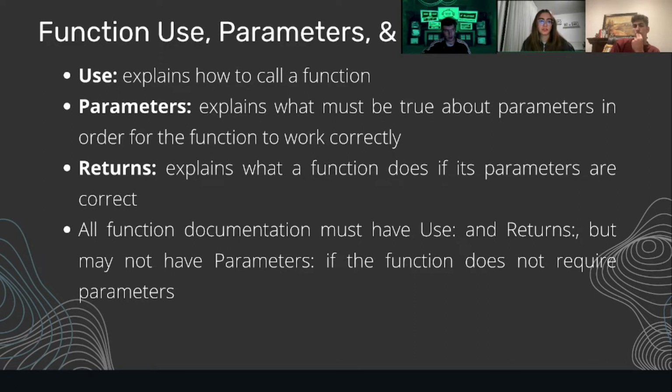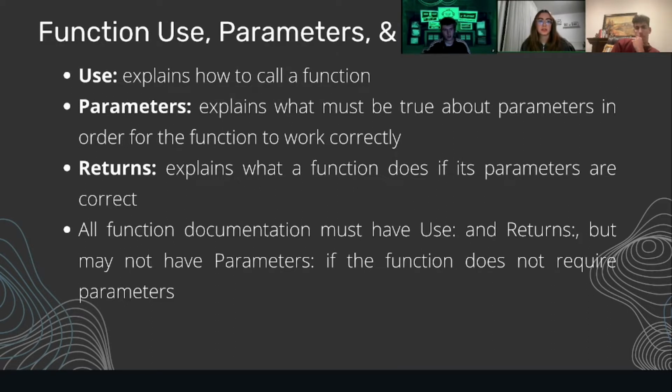Okay, so to start, we're going to talk a little bit about doc strings. A doc string, simply put, is just a block of comment that you put right after you write your function, you put it right before that. And it has three different components. The first component we normally put is use, and it just explains how you would call the function.